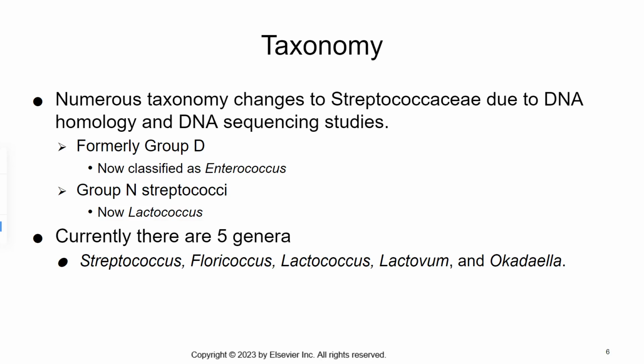So keeping this in mind, it's not essential that you memorize every single species of microorganism that could potentially infect a person. But what is important is that you have a general idea of what category these organisms are in. So I recommend making charts or graphs and saying these are the Staphylococci, and list all the different species of staph, and you can put the coagulase positive ones and the coagulase negative ones.